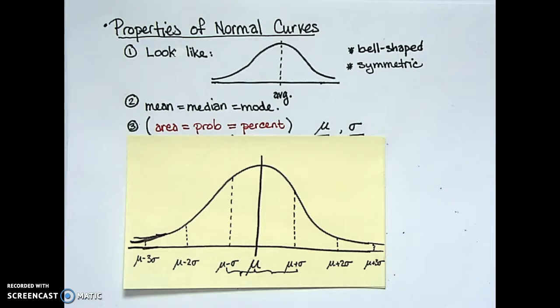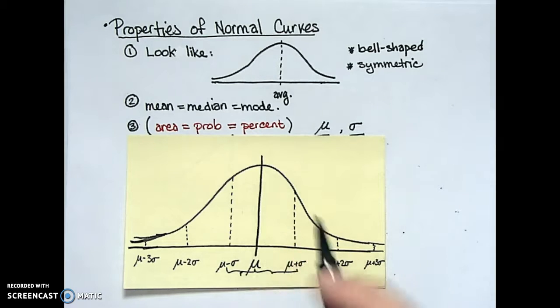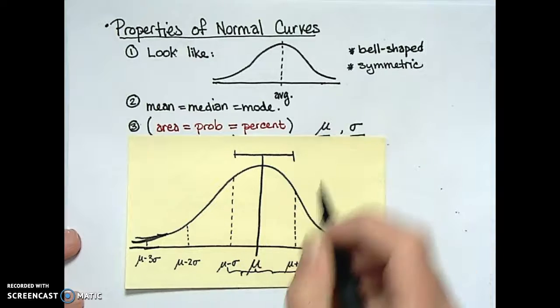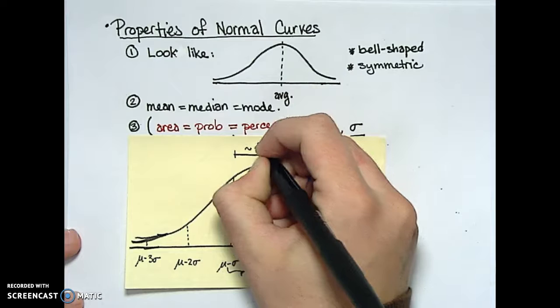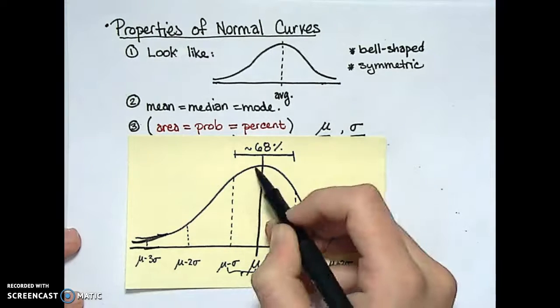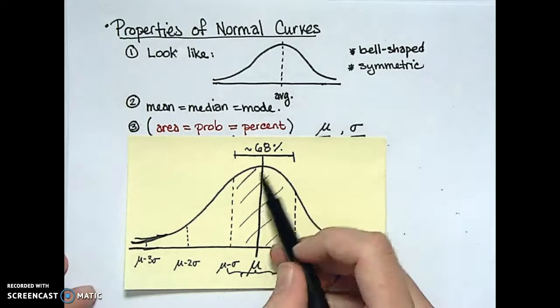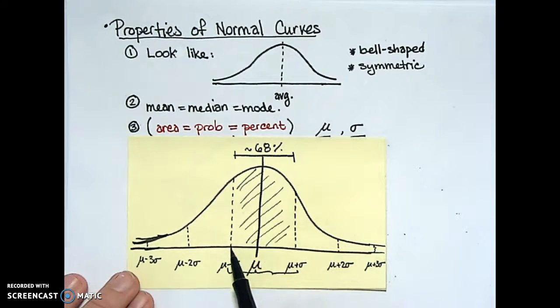It turns out that within one standard deviation, so this curve isn't completely symmetric, but bear with me, within one standard deviation of the mean, both to the left and to the right, we have approximately 68% of the data values, or this area corresponds to a probability of 68% that we fall between one standard deviation to the left and one standard deviation to the right.